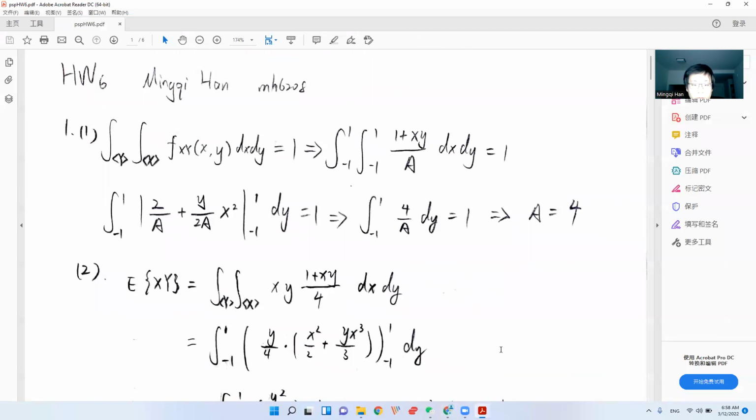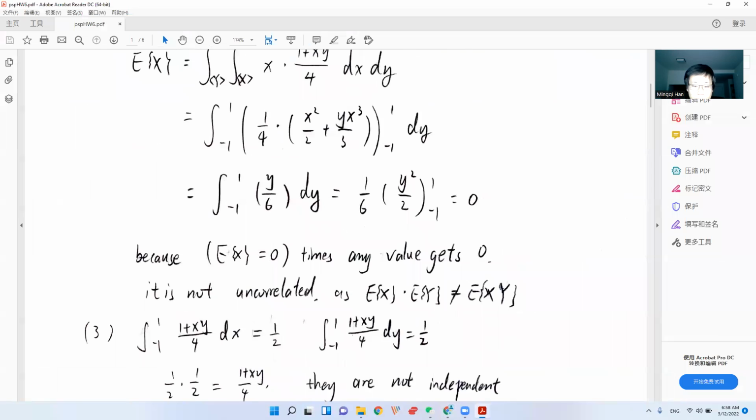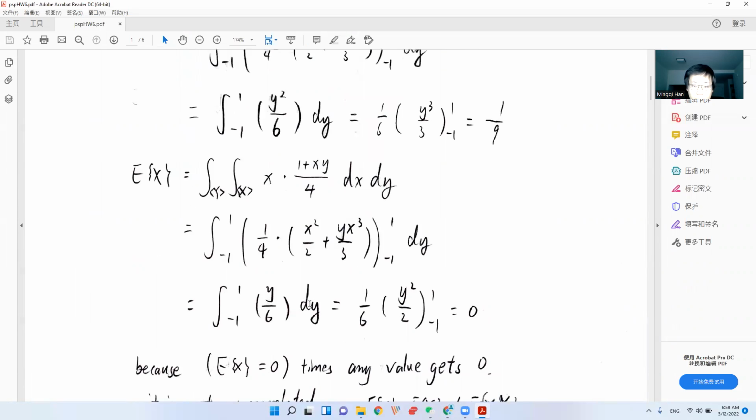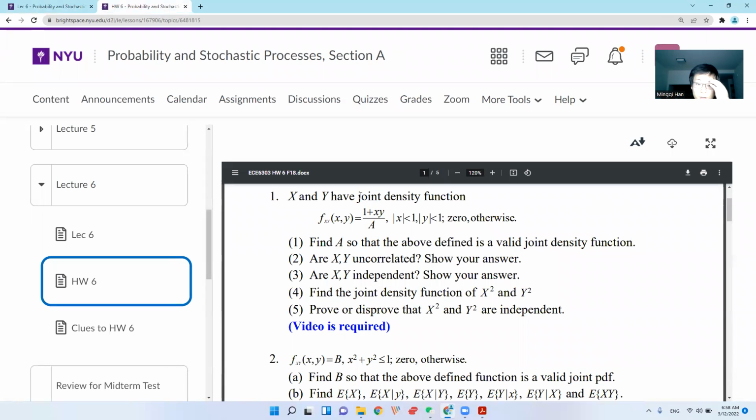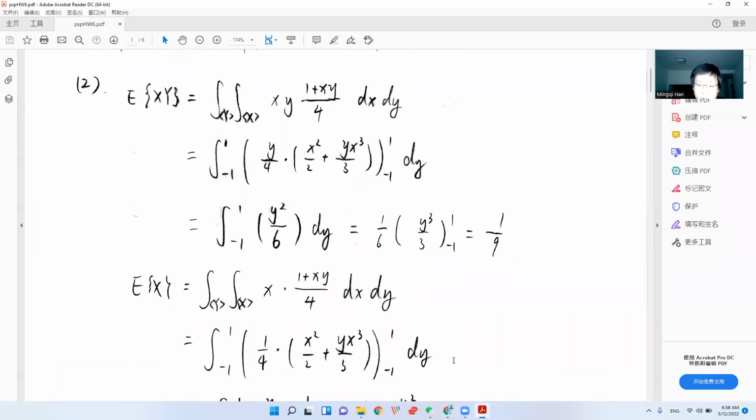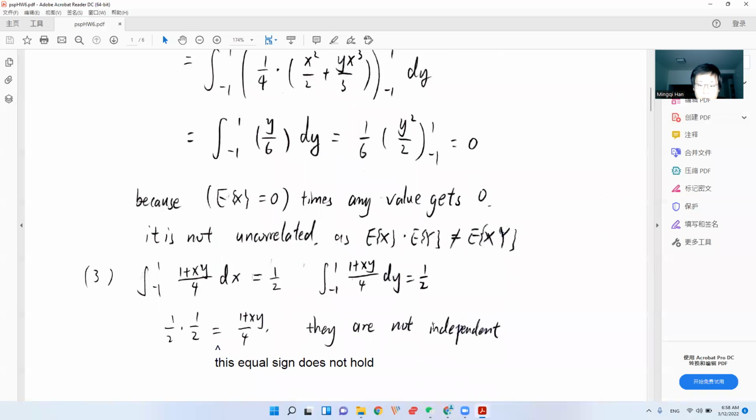We know that x and y here are not uncorrelated. We also know that x and y, given in the question, have a valid joint density function and are normal. So that implies they are not independent.